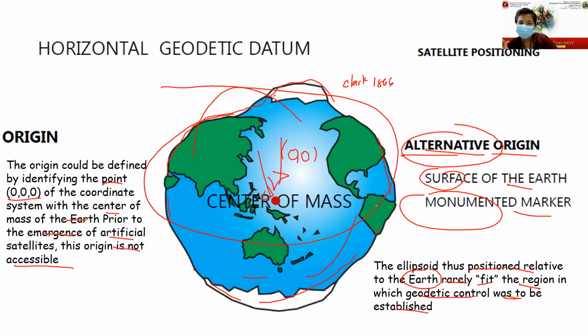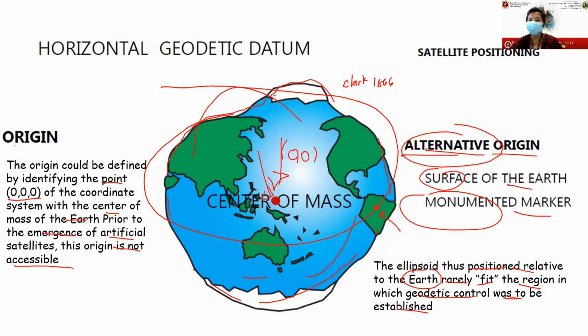Let's say the Philippines is located here. That means that the ellipsoid fits at a certain point of the Philippines. So at that point in the Philippines, we establish a marker on that certain point of the earth to serve as our origin. Okay, that is now it.